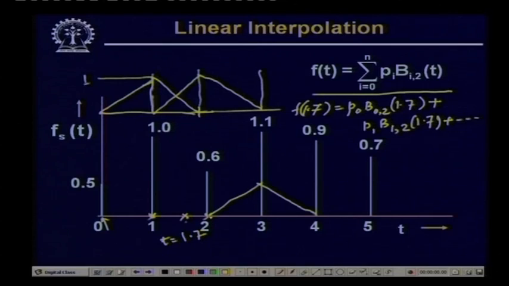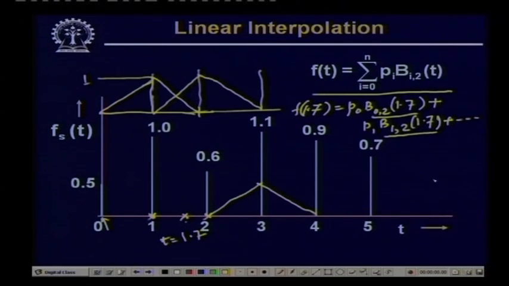So, the only contribution at t equal to 1.7 is from the samples f0 and f1. Using this I can estimate the value of B 0 2 at 1.7, and also the value of B 1 2 at 1.7.